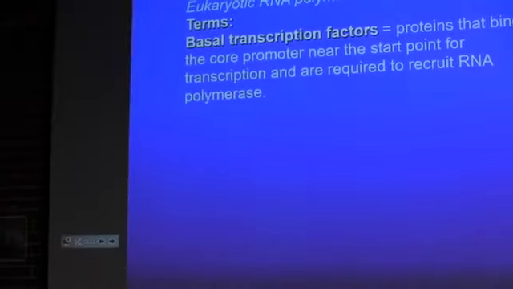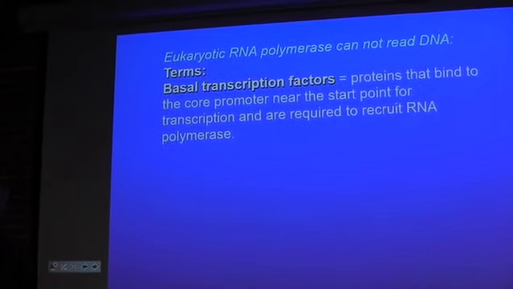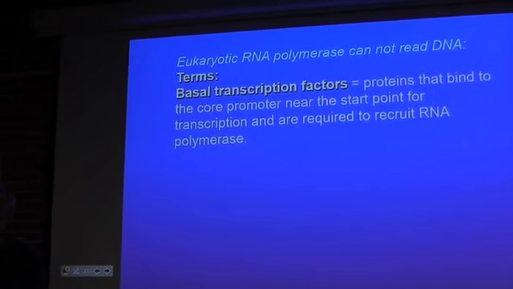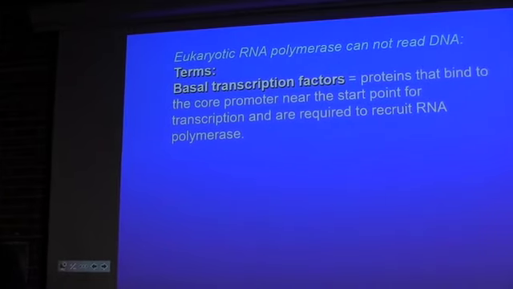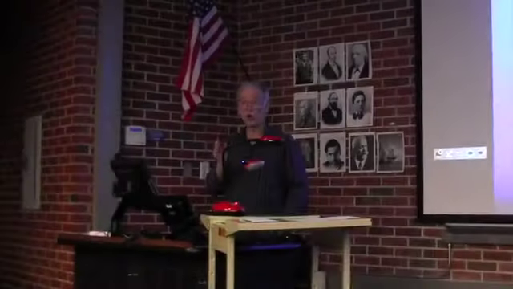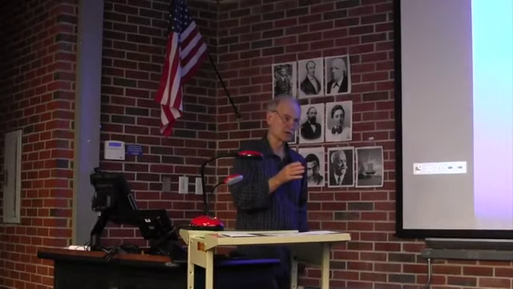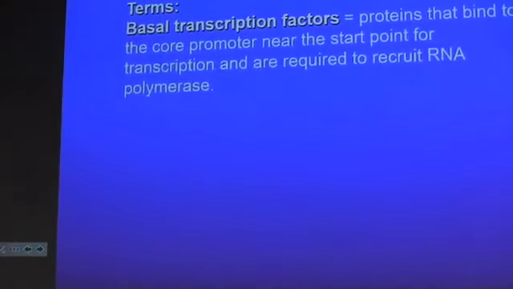Basal transcription factors are general transcription factors, not specific to any one particular gene. Their job is to assemble at the core promoter, which is defined as those DNA elements that cluster close to the start of transcription.